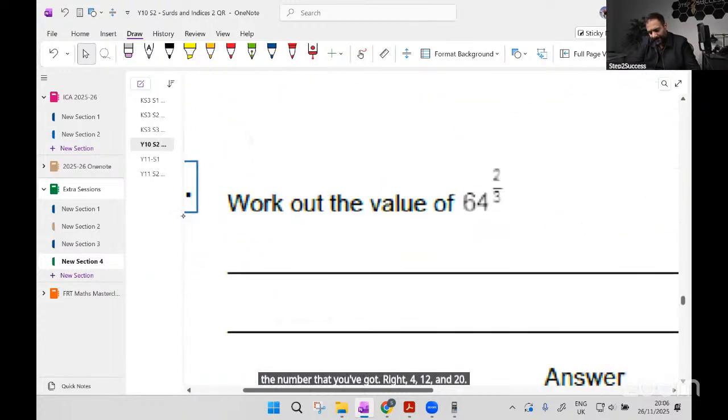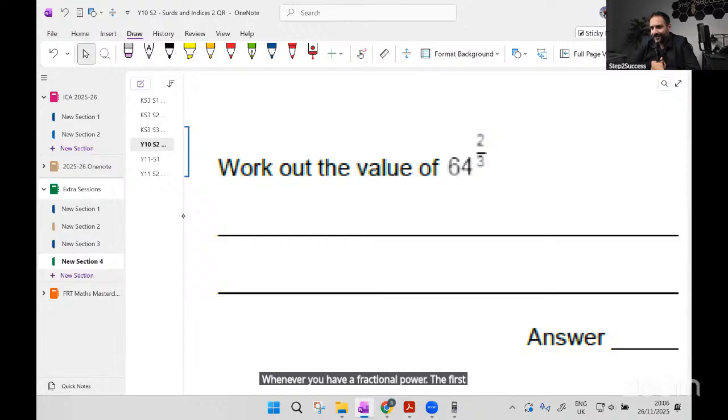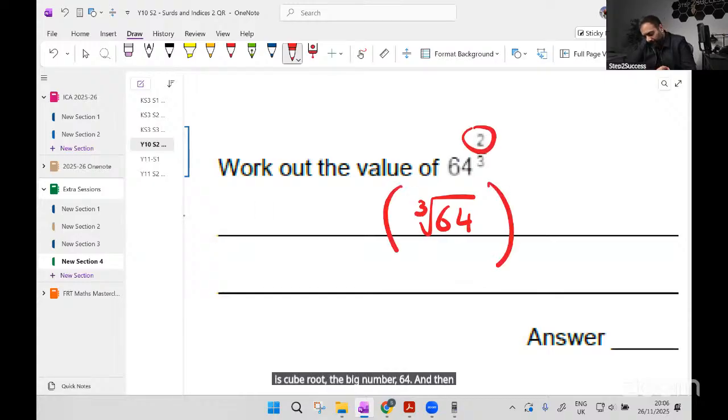4 is this one. So, work out the value of 64 to the power 2/3. Whenever you have a fractional power, the first thing to look at is the denominator of the fraction, the 3 in this case. What that 3 tells you to do is cube root the big number, 64. And then the top number will just mean it's going to be to the power of the top number once you get to the answer.